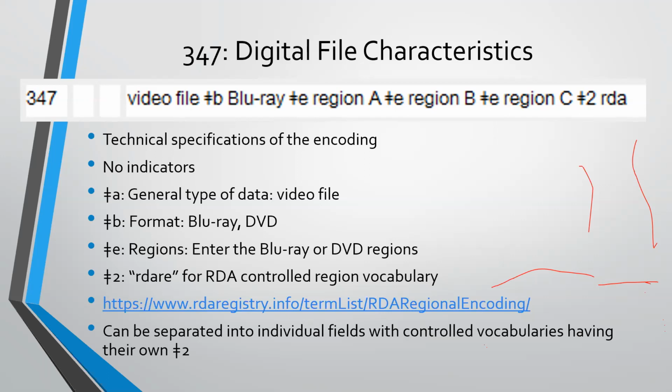DVD players that you buy in the United States will not read videos that are encoded to different regions, and if you end up with a DVD that is region 0, you are almost certainly dealing with a counterfeit.